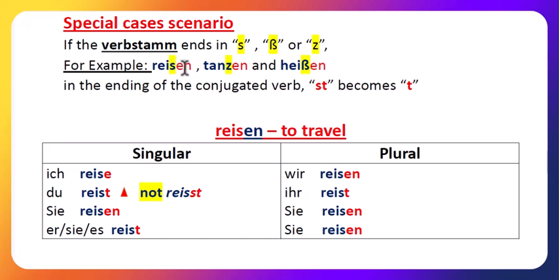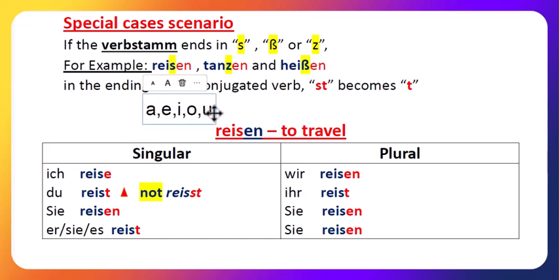In English, the vowels are A, E, I, O, U.